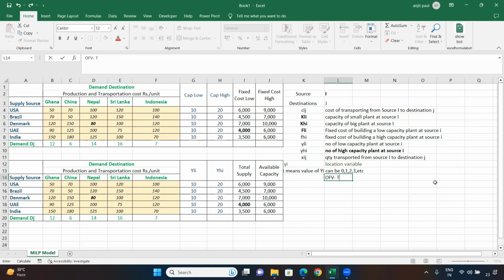Our objective is to find out a suitable plant location so that we can send our product to respective markets in minimal cost. Okay, so this is our objective.